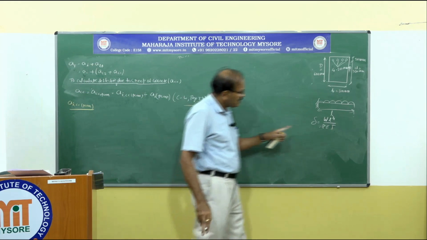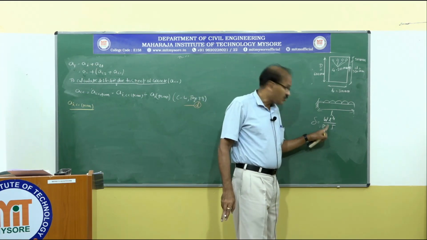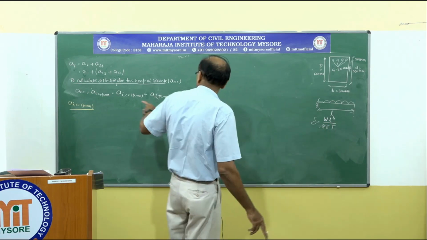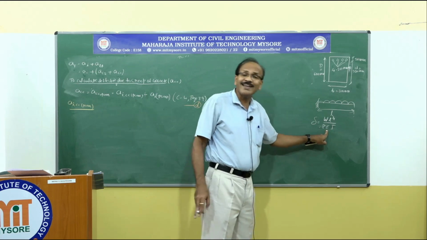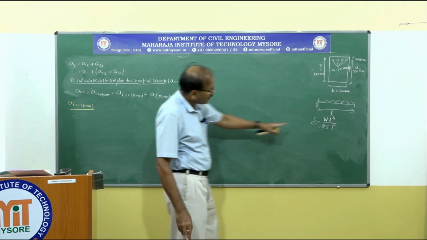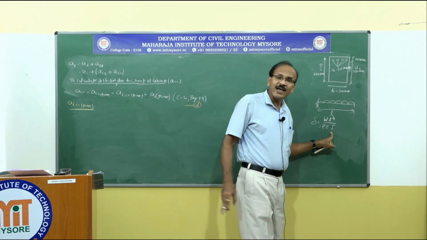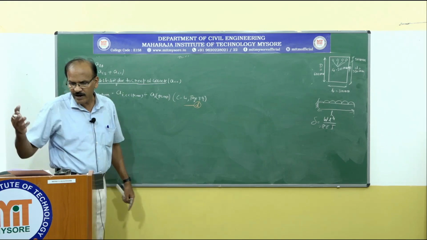And what is the difference? This will change. This will become ECE when you are finding out this, and this will become as usual EC when you are doing this. And what is this? I is I effective. How to find out? Yes, it is given in the code book, I effective.